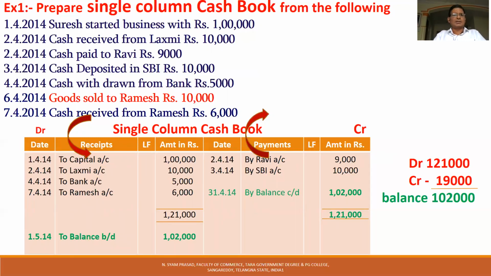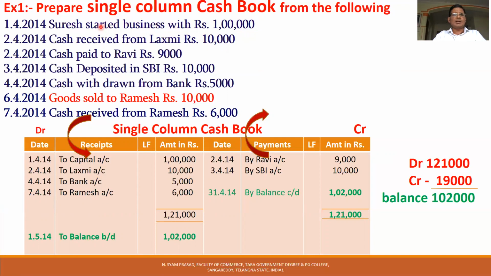First transaction. Suresh started business with 1 lakh. This is a peculiar transaction. We already discussed it in our video lesson 6. When Suresh started business, cash came into the business because of the business entity concept.